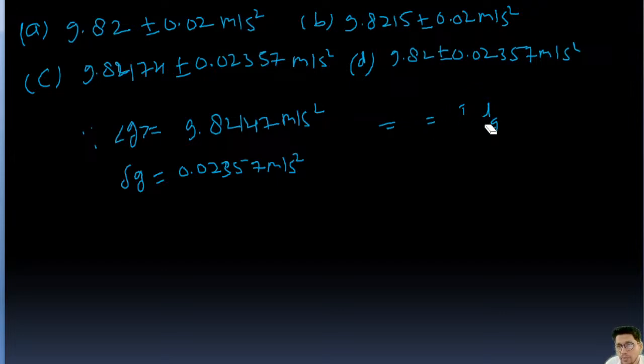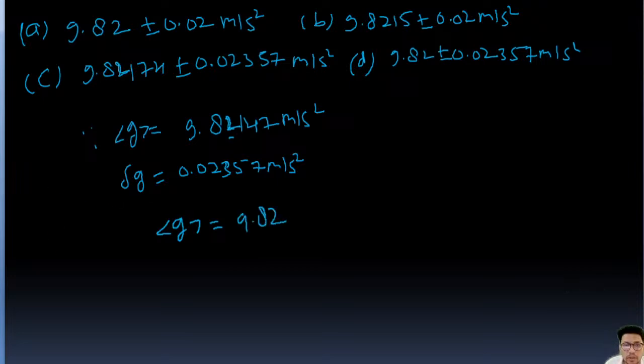So it means the mean value of g we will take to three significant figures only. We have already studied significant figures in class 11. So the value of g we take is three significant figures, means only three digits. So this is going to be 9.82.